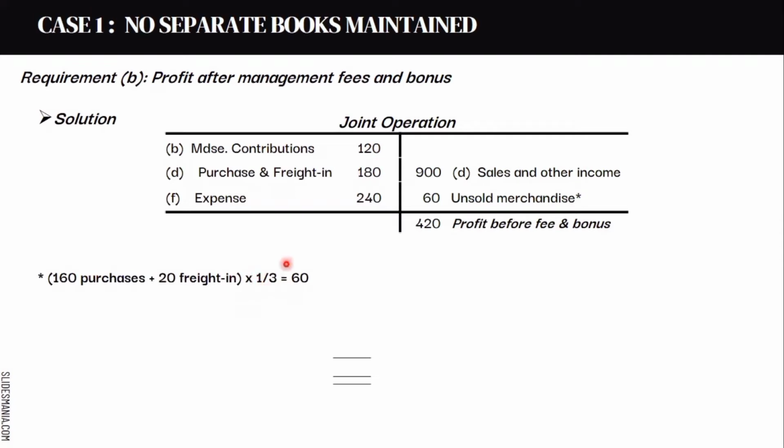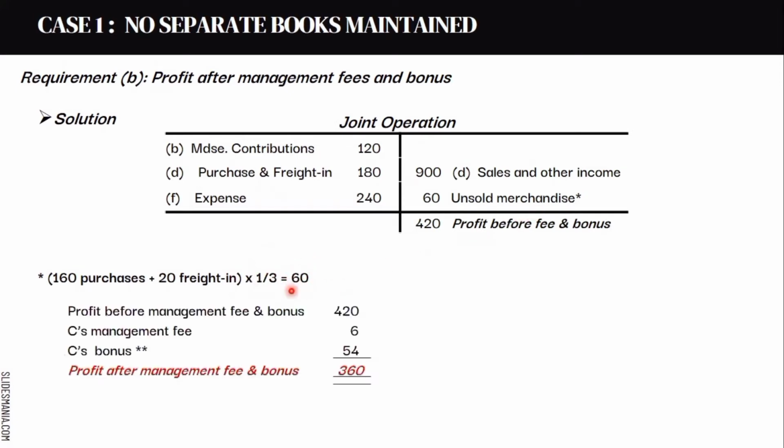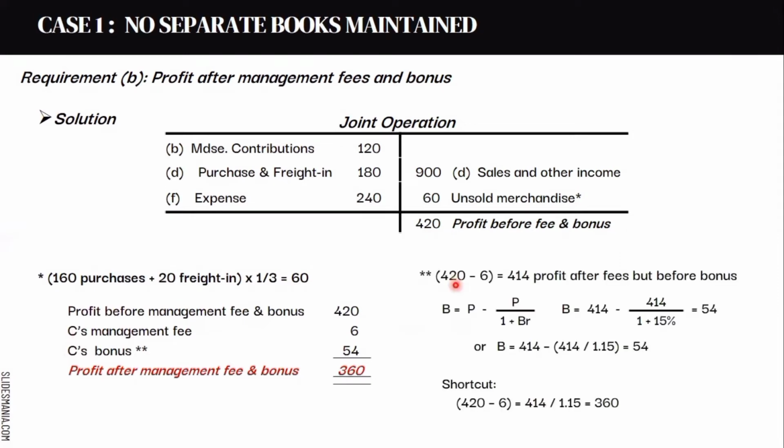Multiply natin yan sa 1/3 which is hindi pa daw naibebentang merchandise. So, meron tayong 60 pesos na unsold merchandise po. That's why joint operation had a profit before fee and bonus na 420 pesos. But we will compute more to get the profit after management fees and bonus.